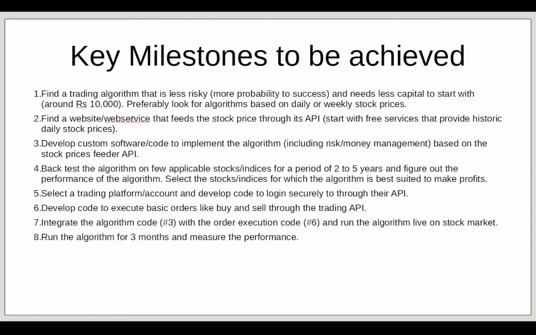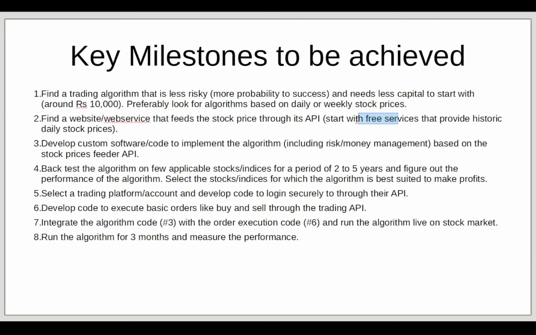The first milestone is selecting the trading algorithm, and the second milestone is to select the website or web service that provides me these stock price related APIs, right? As I told, daily or weekly stock prices is what I might be interested in. So I want the historic daily stock prices to be provided by this API. That might be sufficient for me, and preferably it should be a free service, because I don't want to spend too much on a paid service without using it, right?